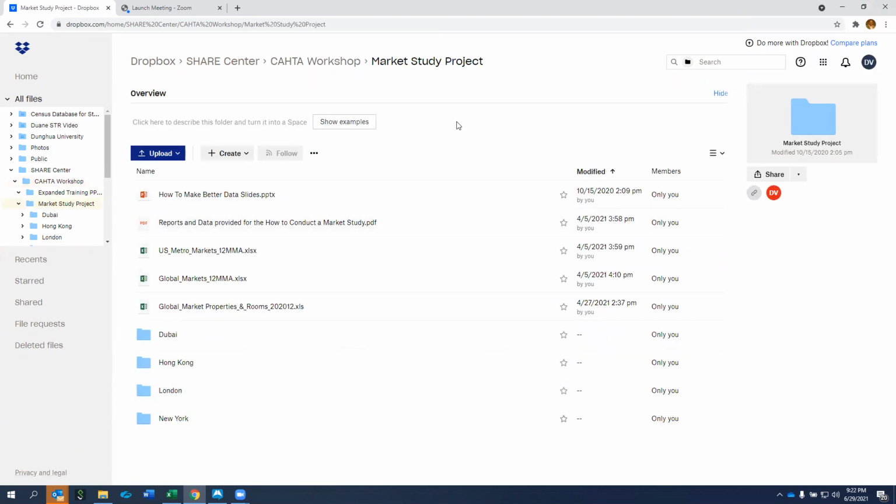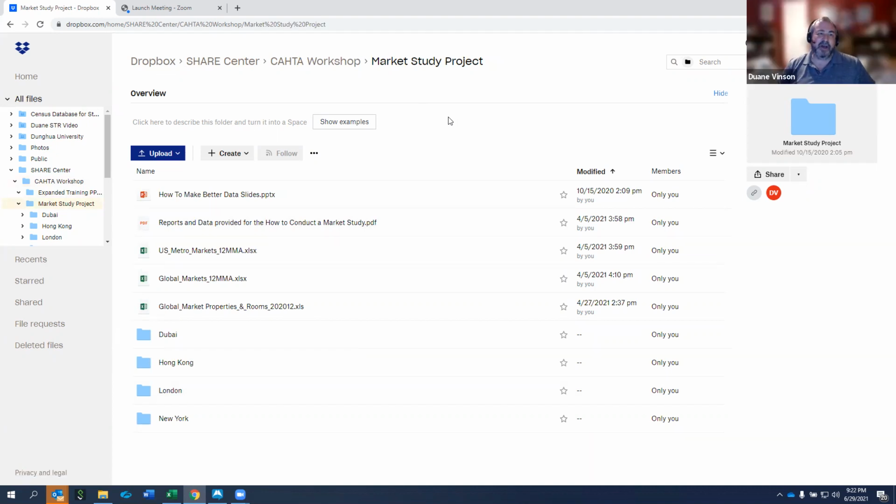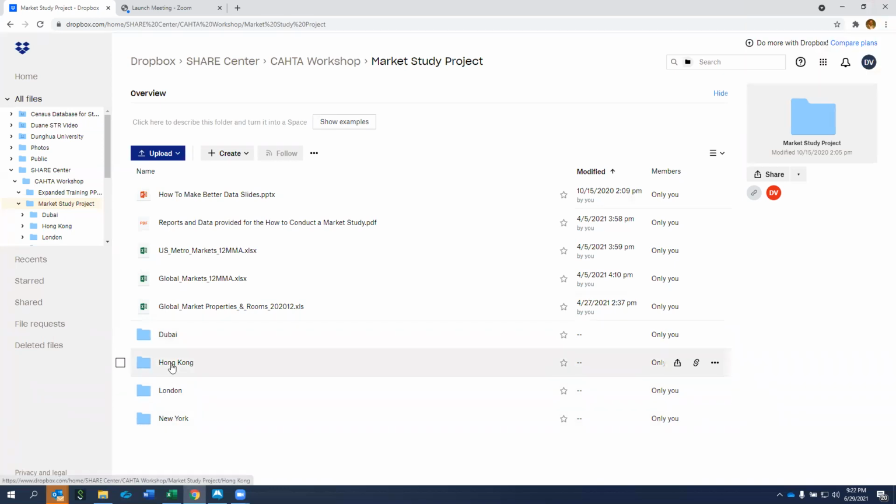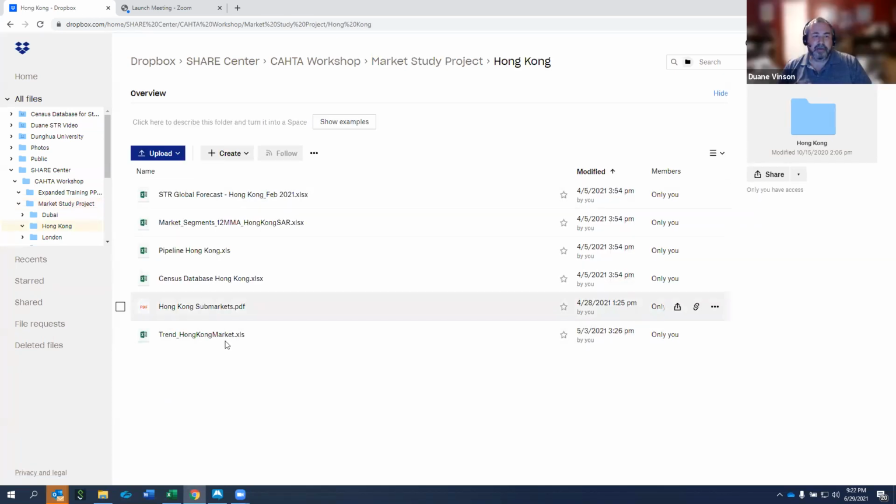And then the data, the files, everything you need for your market study project are here, in that market study projects folder there. Depending upon which market you are presenting on, if you've chosen Hong Kong, again, you have the census database included there.